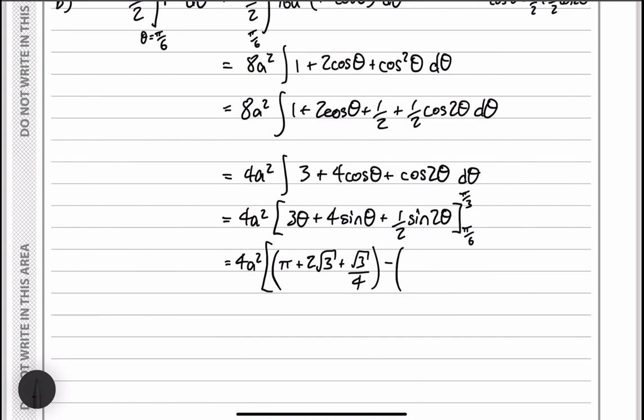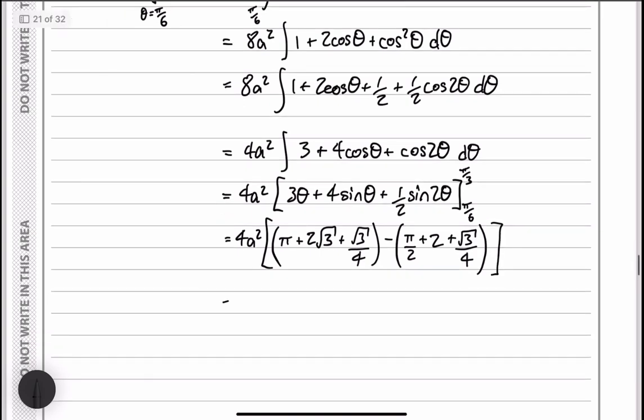Pi by 6 times 3, pi by 2. Sine of pi by 6 is a half, so that's 2. And a half sine of pi by 3, we've already said that's root 3 over 2, so that is also root 3 over 4. Tidying this up a little bit, we've still got the 4a squared there.